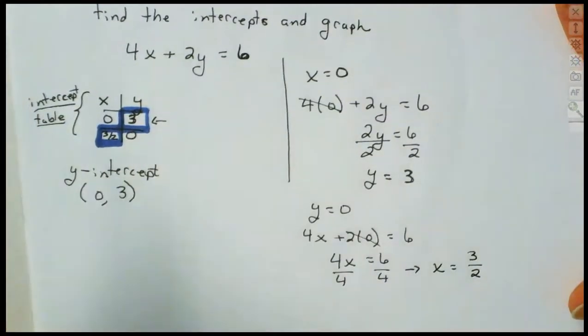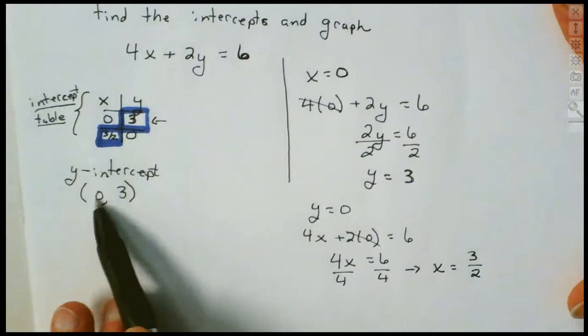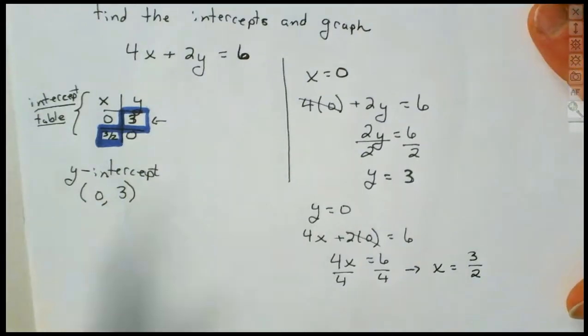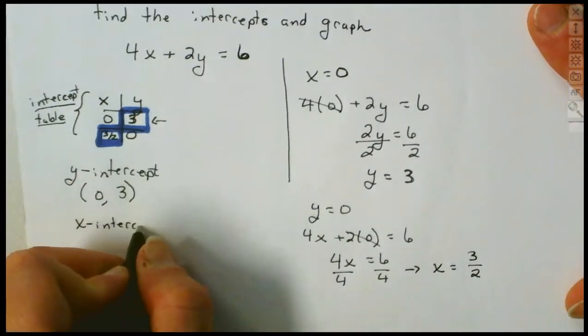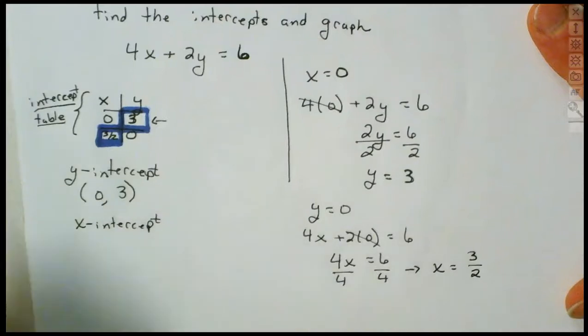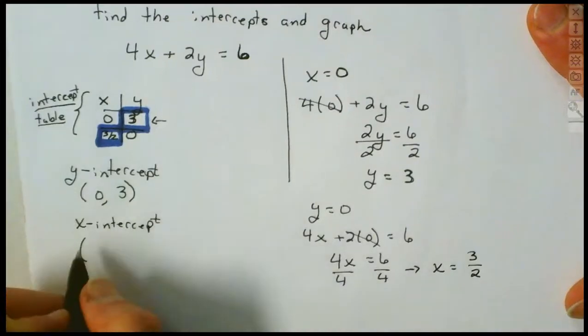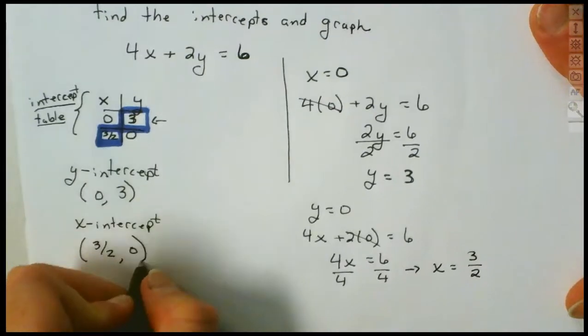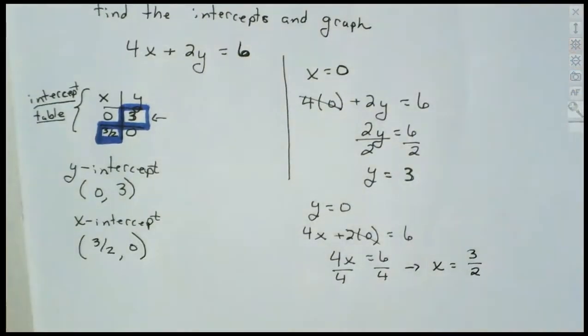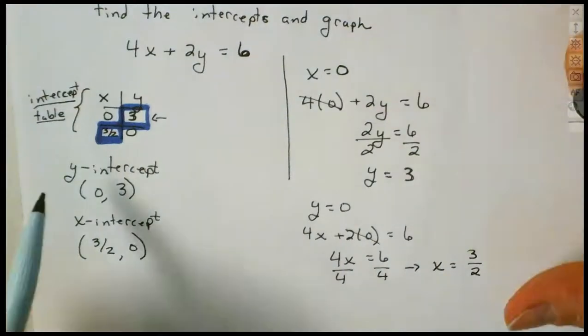That's your y-intercept, because it has a y value, and 0 for the x value. Now, what about your x-intercept? Well, your x-intercept is going to be the second one, and it's 3/2, comma, 0. So there's your x-intercept, and there's your y-intercept.